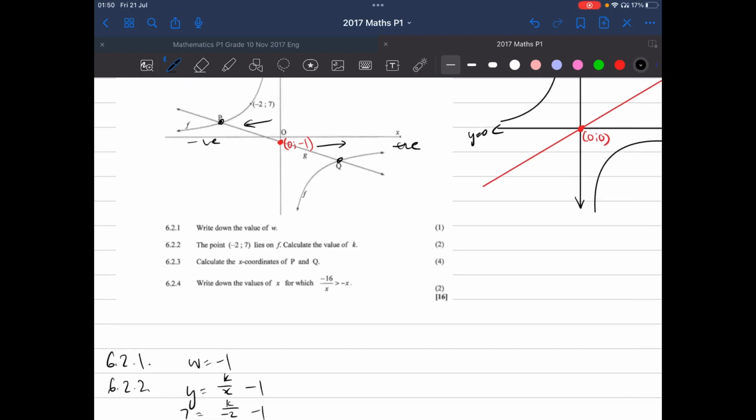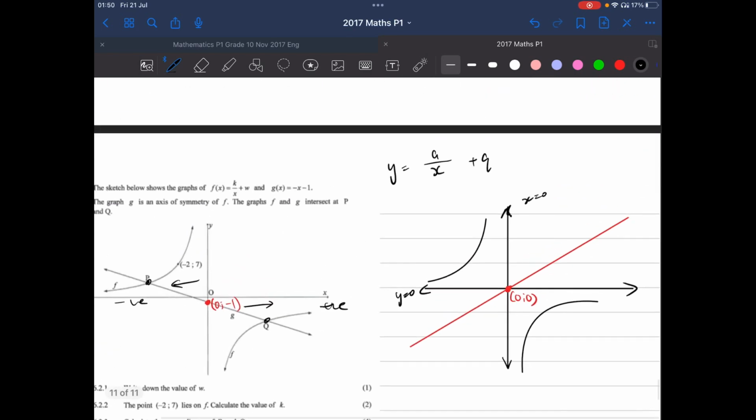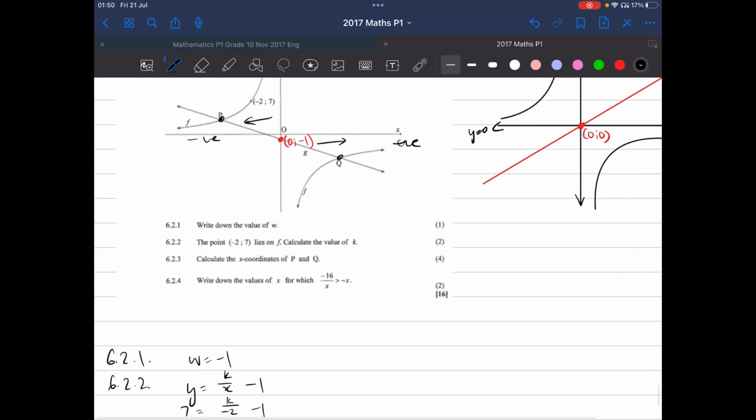Write down the values of x for which minus 16 over x is greater than minus x. Okay, so minus 16 over x is greater than minus x.